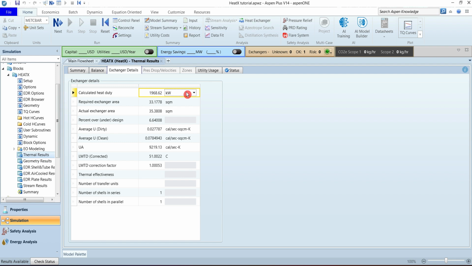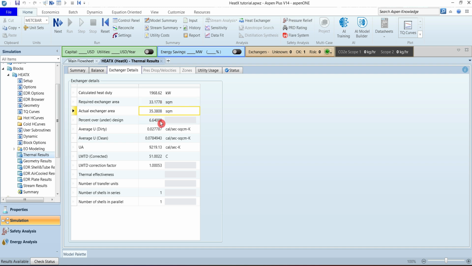Previously, it was 2210 kilowatt, but now the duty is changed slightly, and accordingly, the required exchanger area is also changed. And the actual area based on the geometry designed by the EDR browser is higher than the required exchanger area. So you can notice the difference between required exchanger area and the actual area.